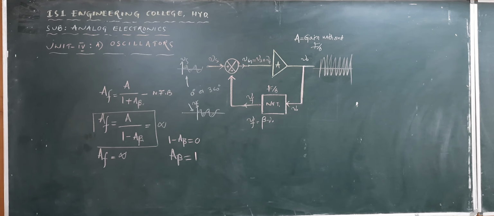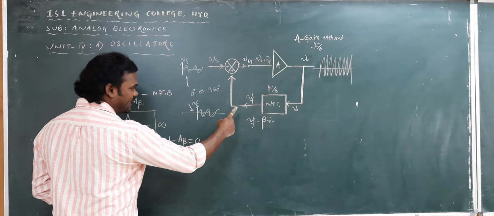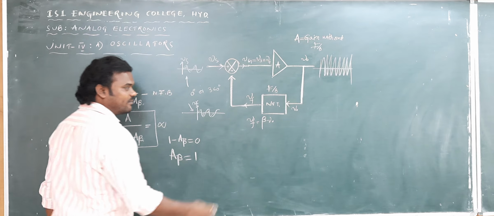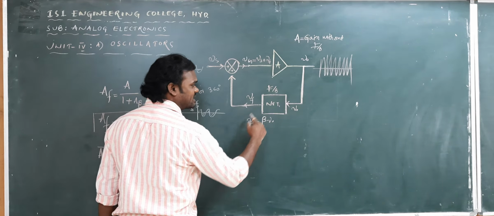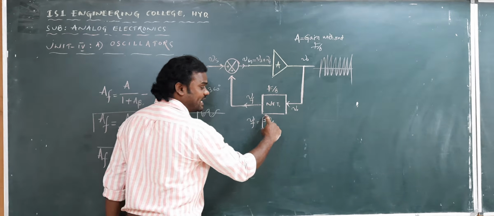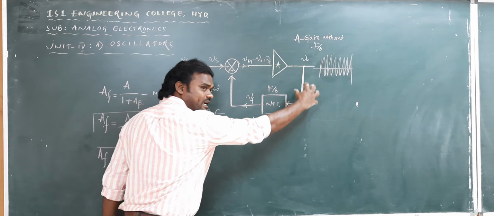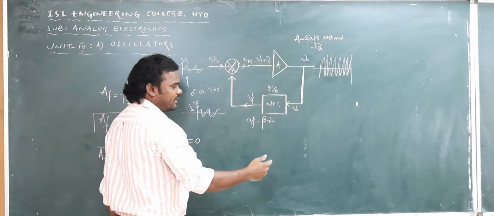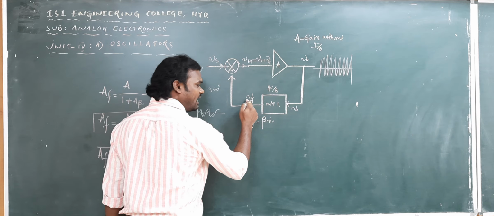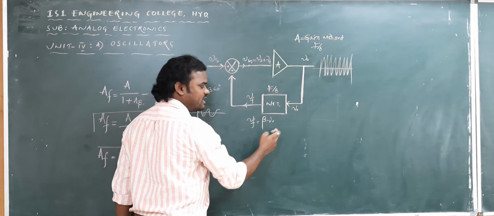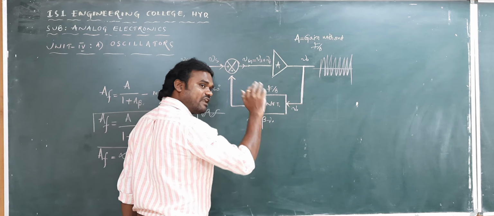Sir, in negative feedback, we used to take beta as less than 1. Yes, here also beta is less than 1 only, because VF must be less than Vout only. If beta is equal to 1, what are we taking? We are taking the total Vout directly. Here we should take VF less than Vout only, so beta must always be less than 1.